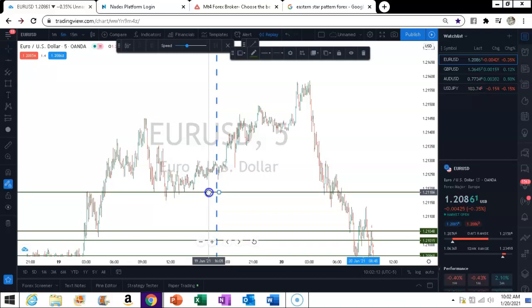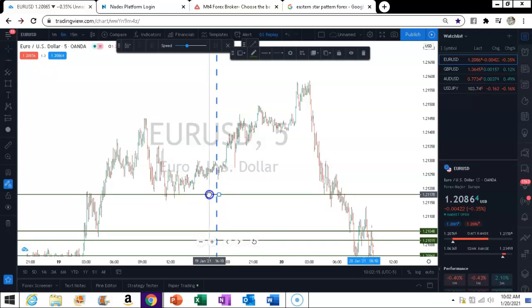So where you have resistance in the past, the support level that was support over here turned resistance right here. Okay, so what we needed to see was price break this level first, and it did.